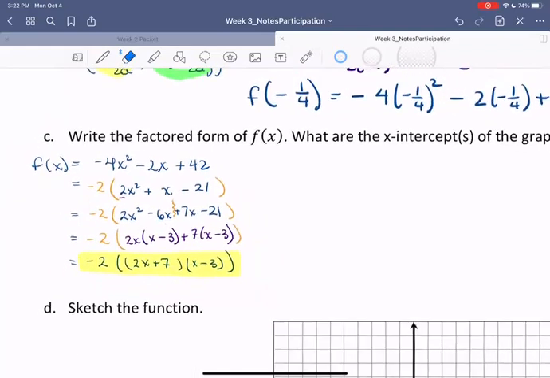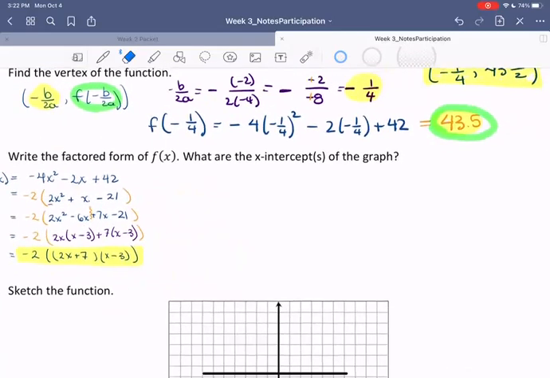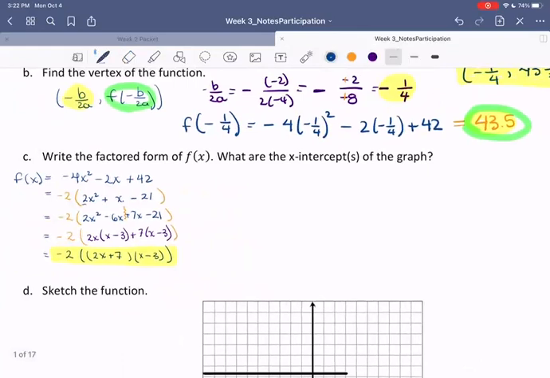All right, so what we just did was write the factored form of f of x. Now what we're going to do is find the x-intercepts of the graph. So x-intercepts is where our graph crosses the x-axis. So notice if we have a parabola facing up or down, often we have two of these x-intercepts.